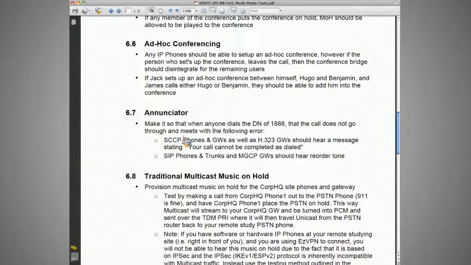Well, if you remember back to early studies, the Skinny Client Control Protocol, the whole reason it was named skinny was that it was modeled and very closely taken from H323, which in turn was taken from ISDN Q931, being that the ITU-T developed both ISDN and H323.